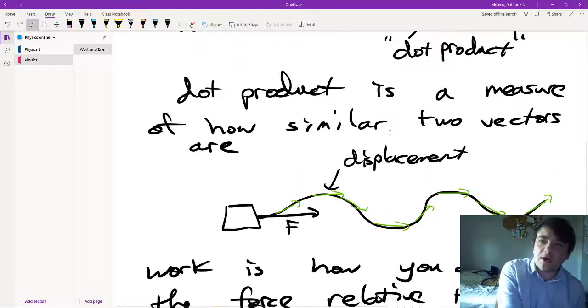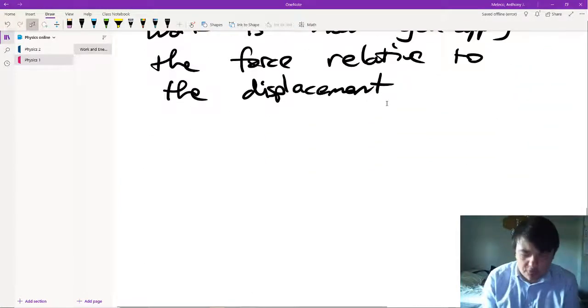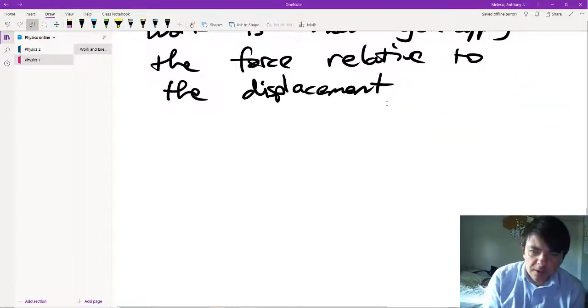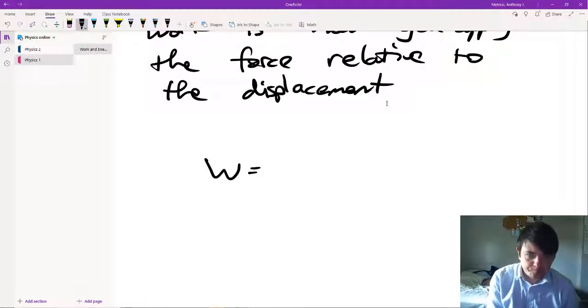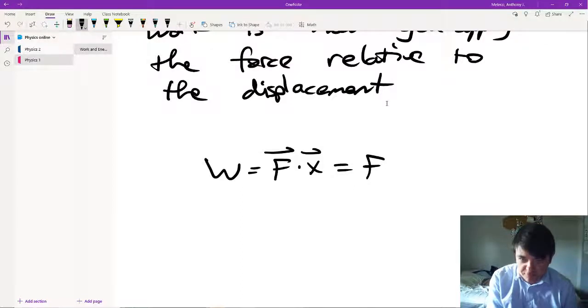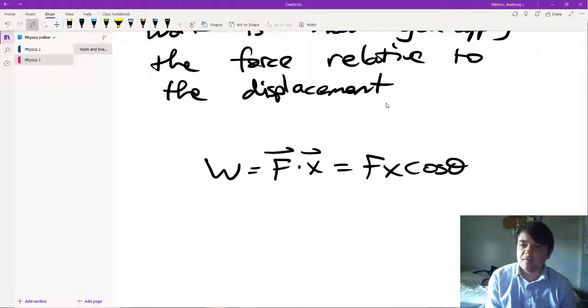So that's what a dot product physically means, but how do you do it mathematically? There's a little trick here. If we want to know how similar two vectors are, instead of a dot product, this can simplify to just the magnitude of the force times the magnitude of the displacement, so the amounts, times cosine of theta. And you must be wondering, why cosine of theta?